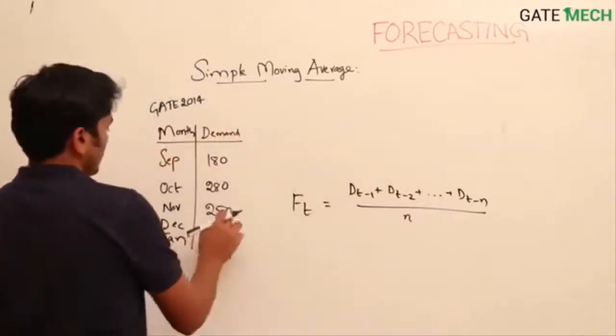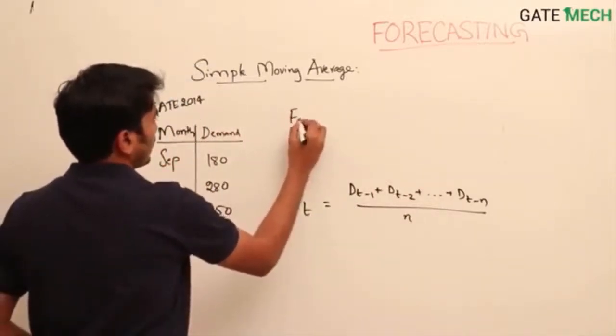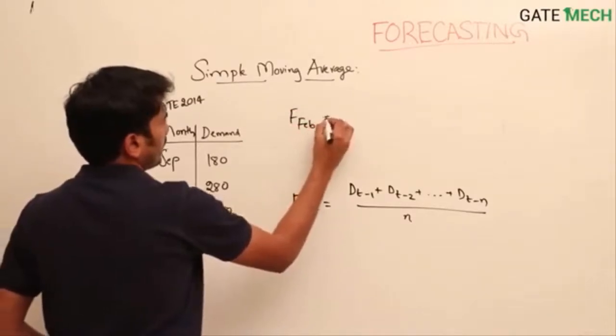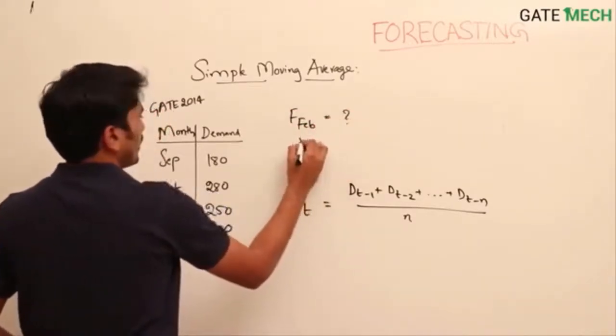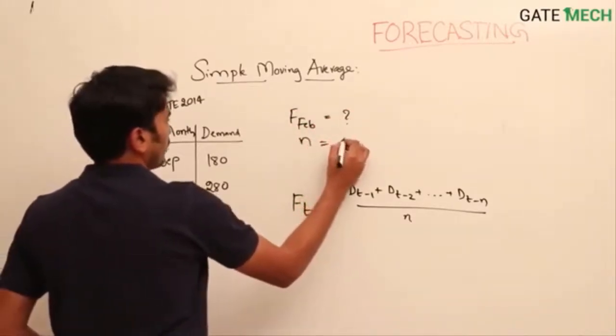We need to calculate F February with a moving average of 4 periods.